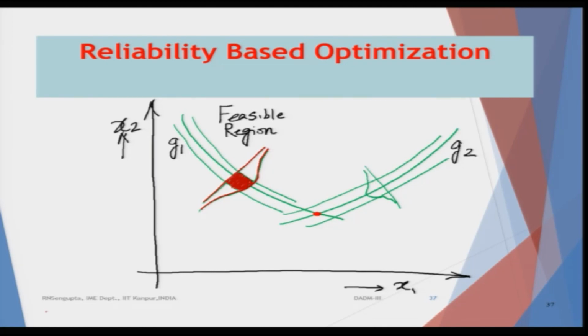And in this case, the normal distribution, let me highlight the feasible region, it looks nice.